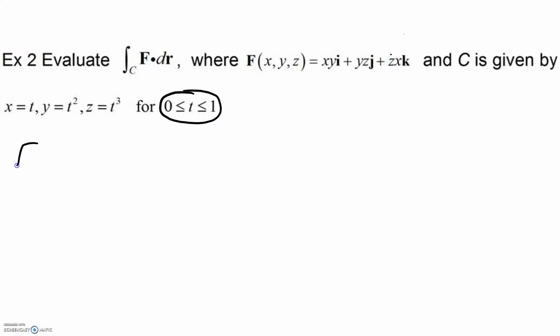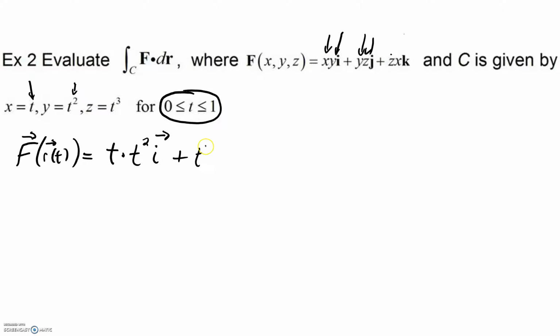So let's take a look at F of r of t if we were to apply this parametrization to our function F. We have x times y. Well, our x is going to be t, and our y is going to be t squared, and that's what we have for vector i. For vector j, we have y and z, so that's t squared multiplied by t cubed.